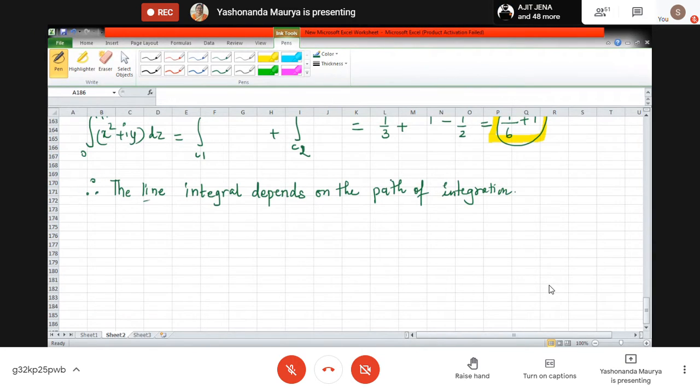If we change the curves, we may land up in different values. It may be a coincidence that we are getting the same, but generally this is the observation.